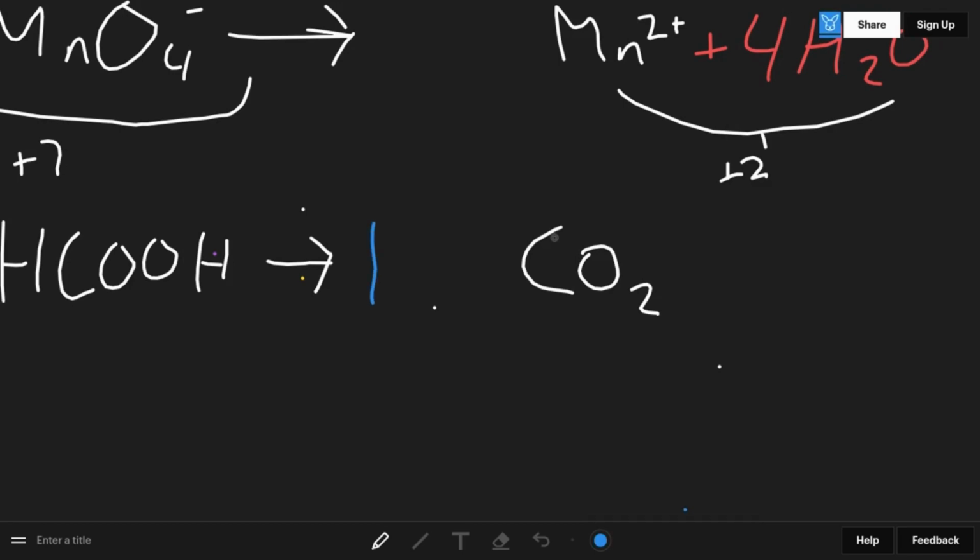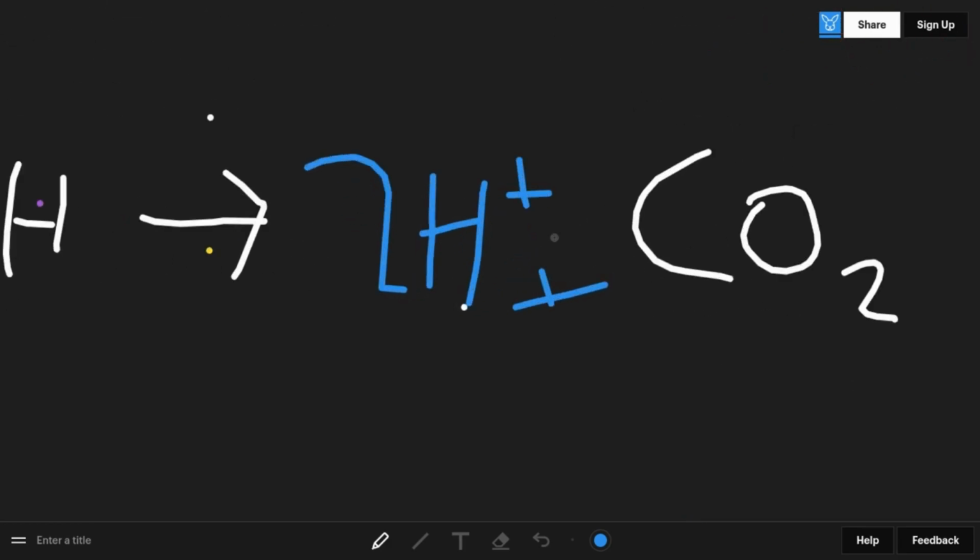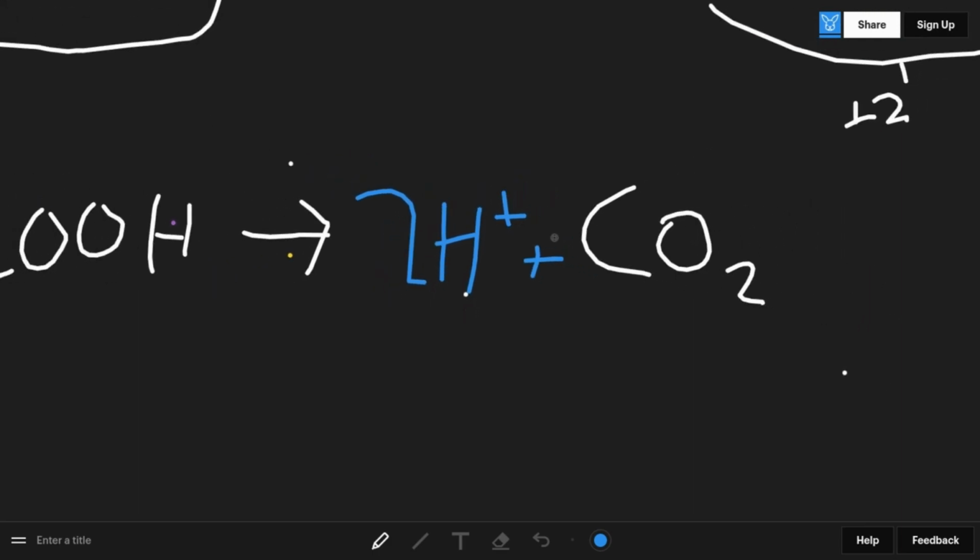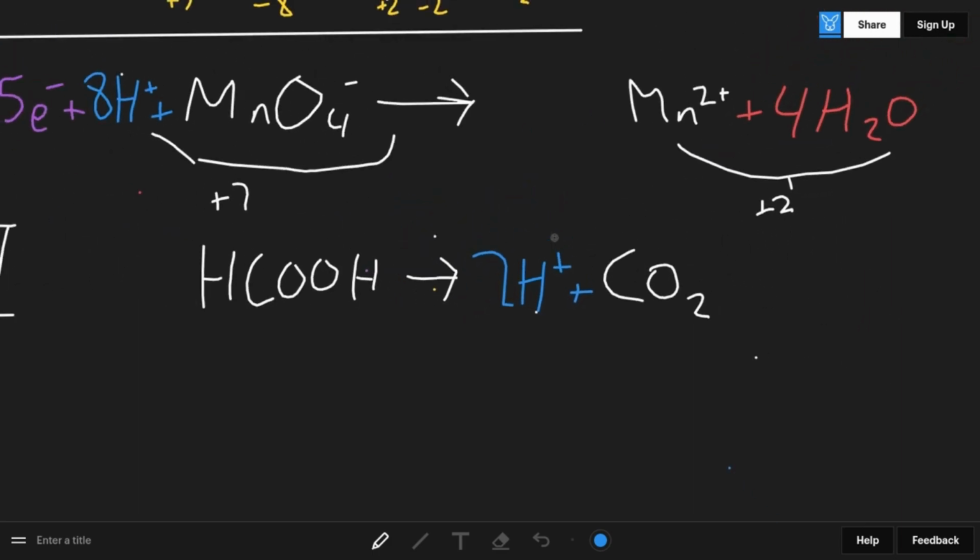Hydrogen is not balanced. So we're going to add some hydrogens over. Since we have 2 H's on the reactant side and 0 here, we're going to add 2 hydrogen ions, or just protons, since without an electron it's just a proton.